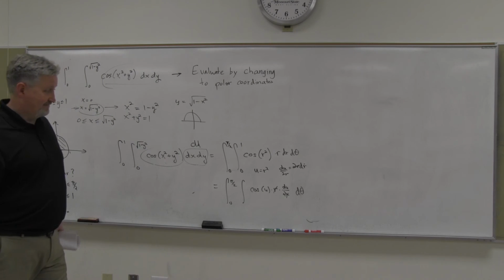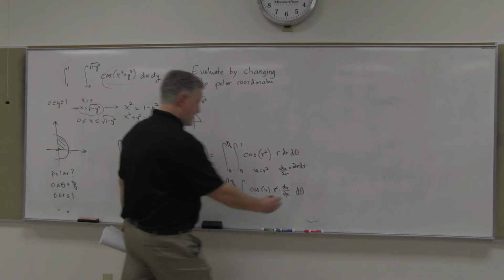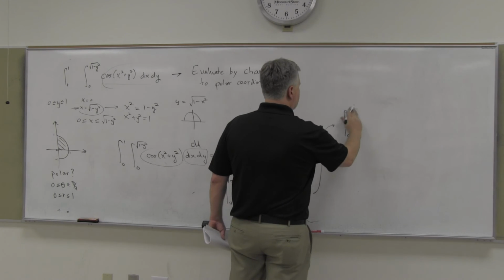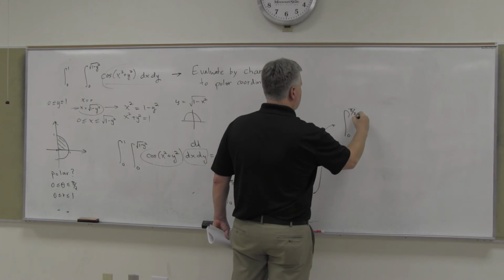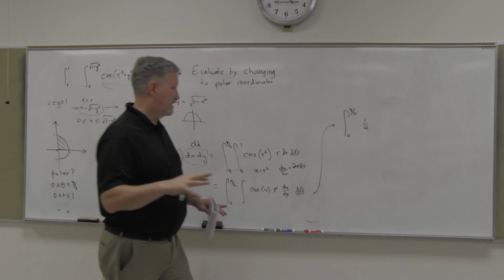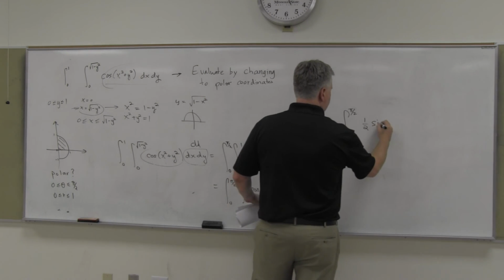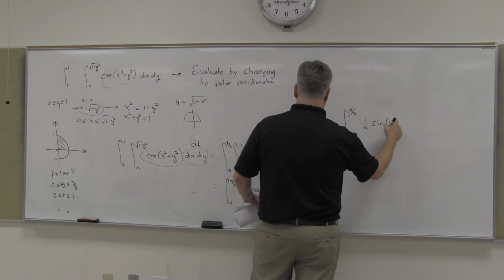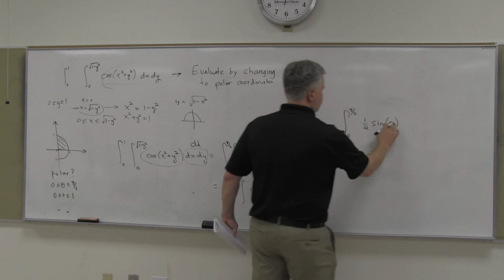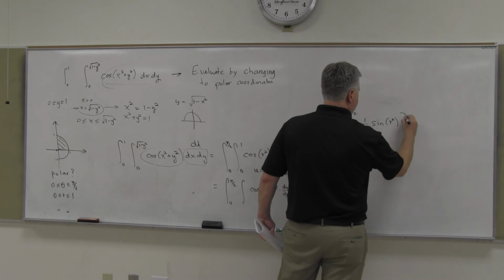So now we have 1/2 cosine u, and the antiderivative of cosine is positive sine u. But these limits are in r, so u is r squared, go back to that, from 0 to 1.